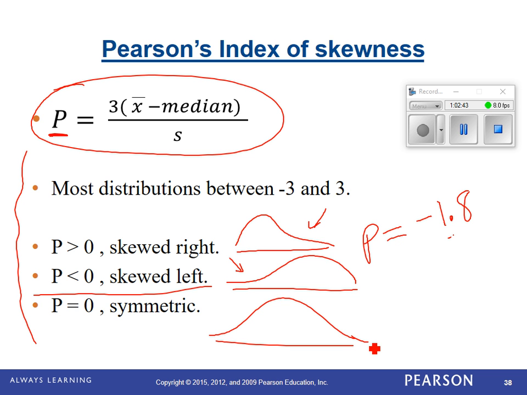So skewed right, skewed left, symmetric. Most all distributions should be between -3 and 3. We already talked about that with the bell curve.